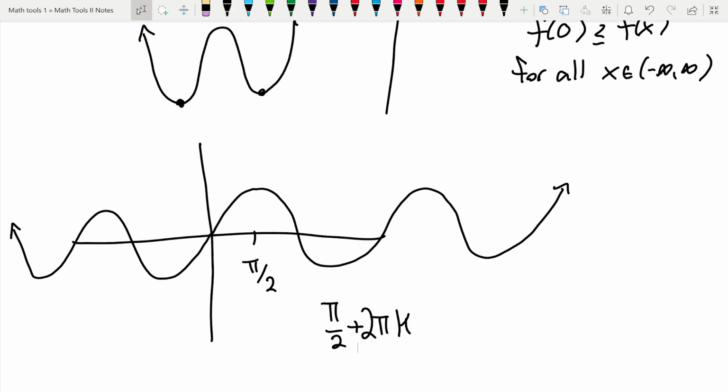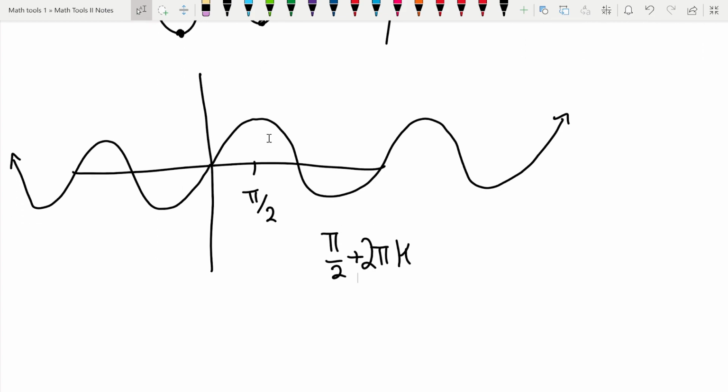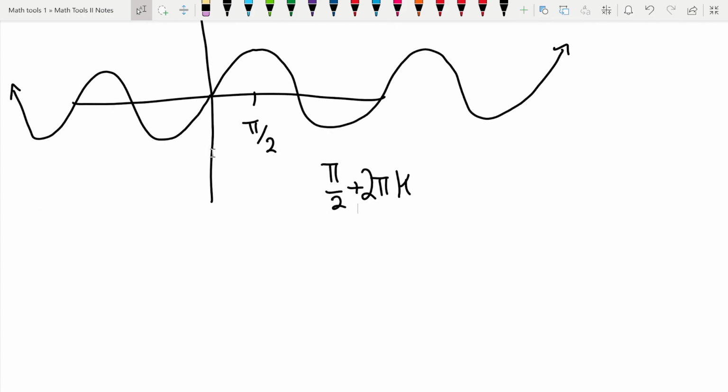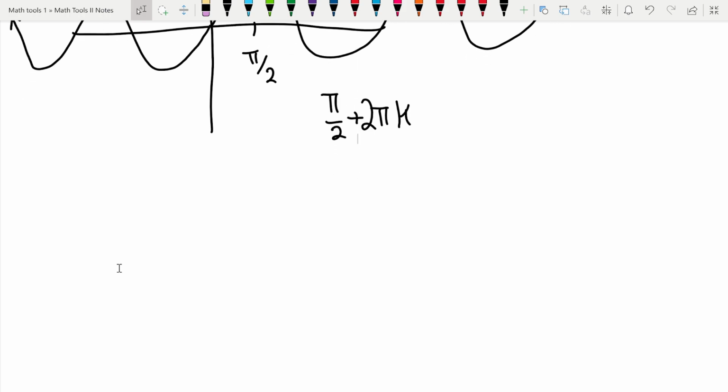Then the next question we might ask is, there's only one possible absolute max or min, or a tie for that max or min, but do we have to have one? If we're considering an entire infinite interval, then no, we don't necessarily need to have one.